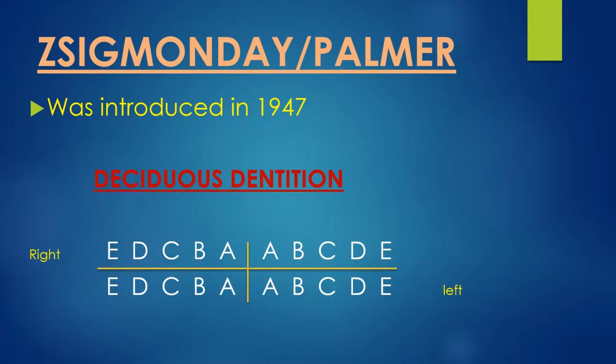In 1947, a committee at the American Dental Association recommended the symbolic Zsigmondy or Palmer system as the numbering method of choice.